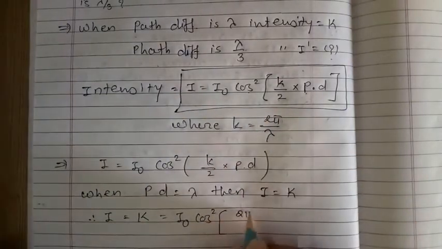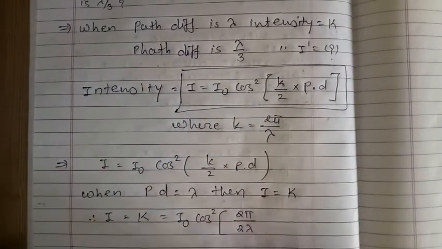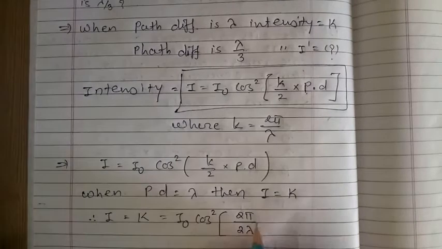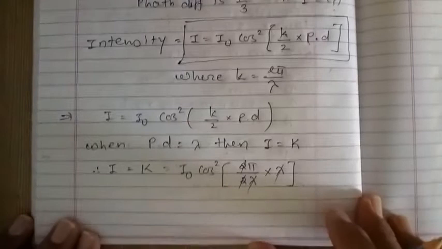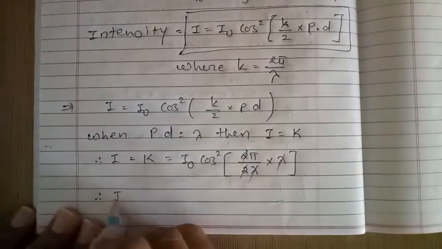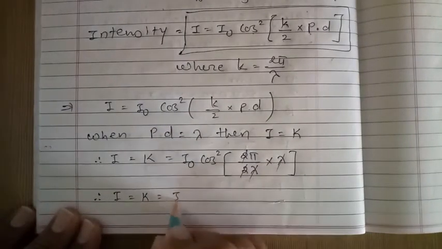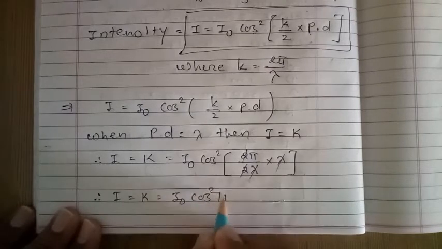So 2 pi by lambda, k by 2, so 2 pi by 2 lambda into path difference lambda. Here the 2 cancels, lambda cancels, so we get I equals K equals I0 cos square pi.